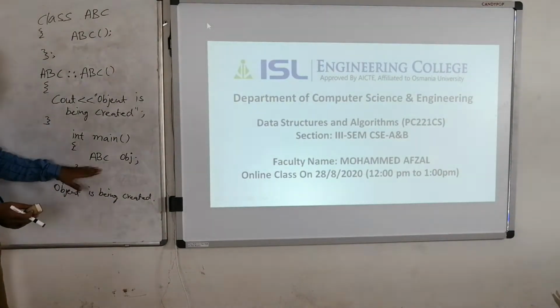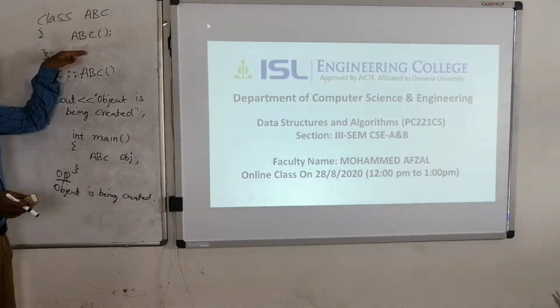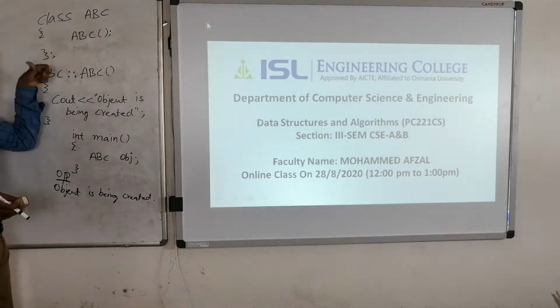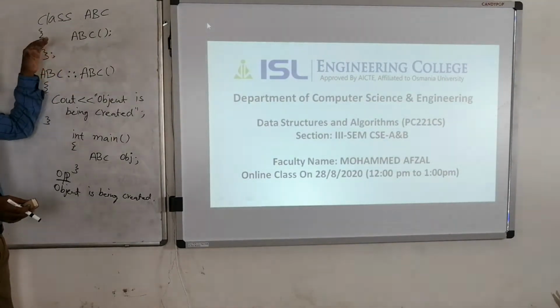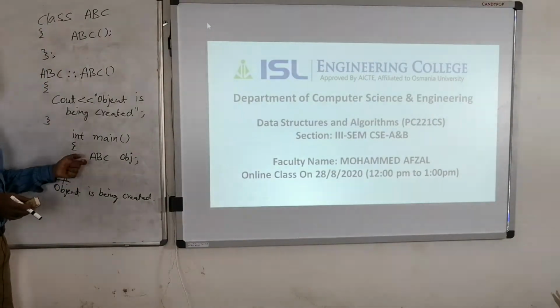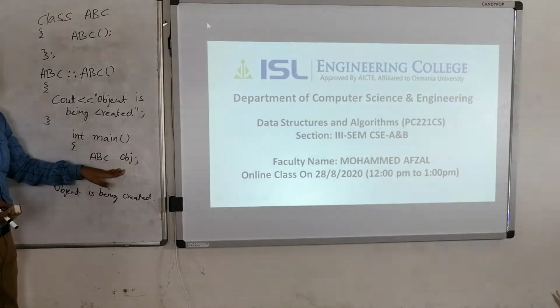We said your constructor is going to behave like a member function, but it is a special type of member function. As it behaves like a member function, it does not require you to call the constructor with the help of the object. We are not doing that.